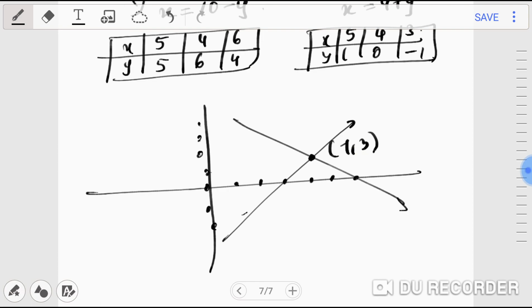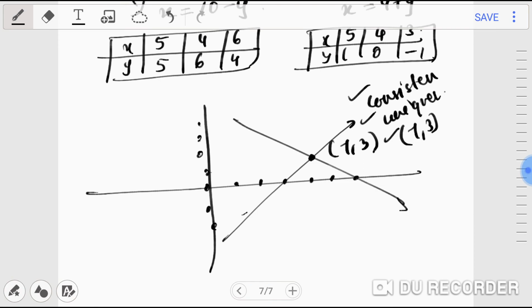So they are intersecting at one point. So such kind of equation are consistent because they have solution and they have unique solution. Because they are intersecting at one point, unique matlab ek solution, and their solution is 7, 3. Getting my point clear?